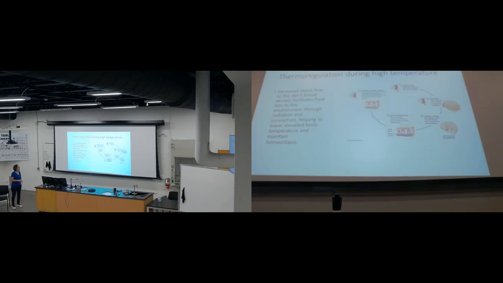So this is the cycle of thermoregulation during high temperature. A stimulus is having a body temperature greater than 37 degrees Celsius, so greater than 99 Fahrenheit. So that is going to stimulate some receptors in an area of the body that is called the hypothalamus. That's where, in the brain, we have the thermoregulatory center.